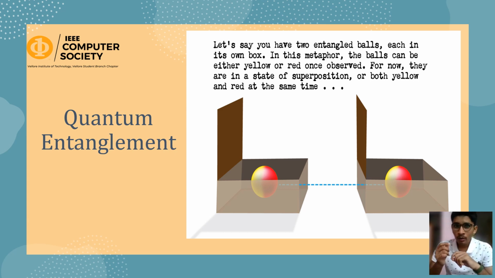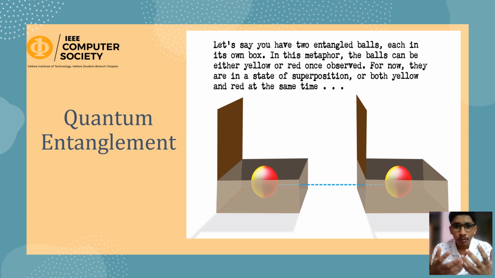Once you open one, and you find samosa in one of the boxes, on the basis of that you can predict that the other box would have pakoda. This is how quantum entanglement works, similarly.